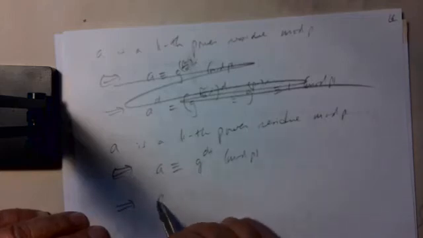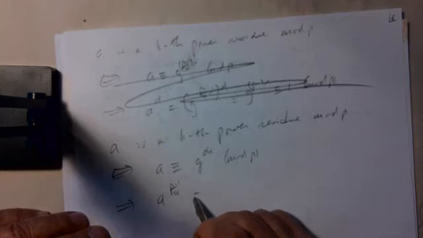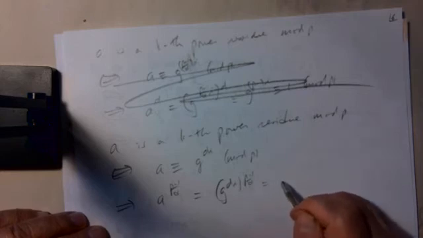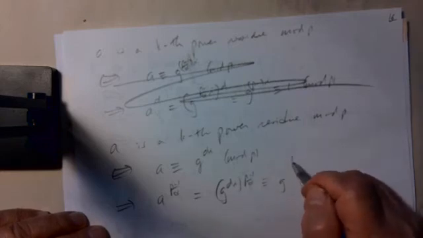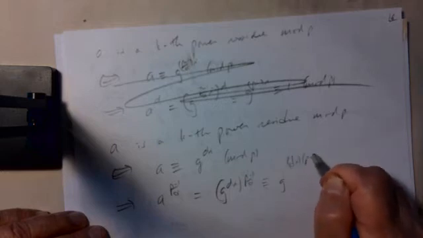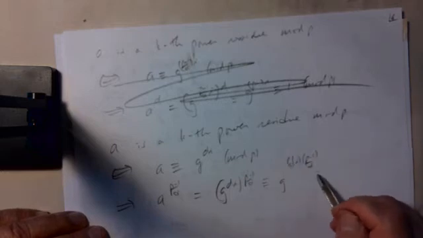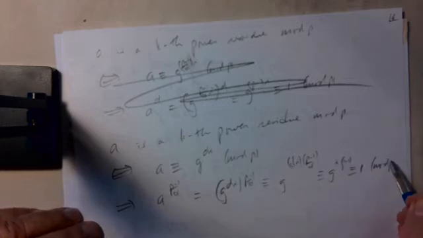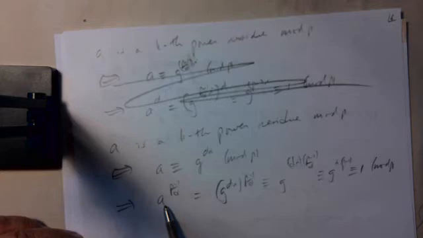And if this is the case, then a to the power p minus 1 over d is g to the d i to the power p minus 1 over d. This is g to the power d times i times p minus 1 over d. The d's cancel. This is g to the i times p minus 1. G to the p minus 1 is 1 mod p. So if a is a kth power residue, a to the p minus 1 over d has to be 1.